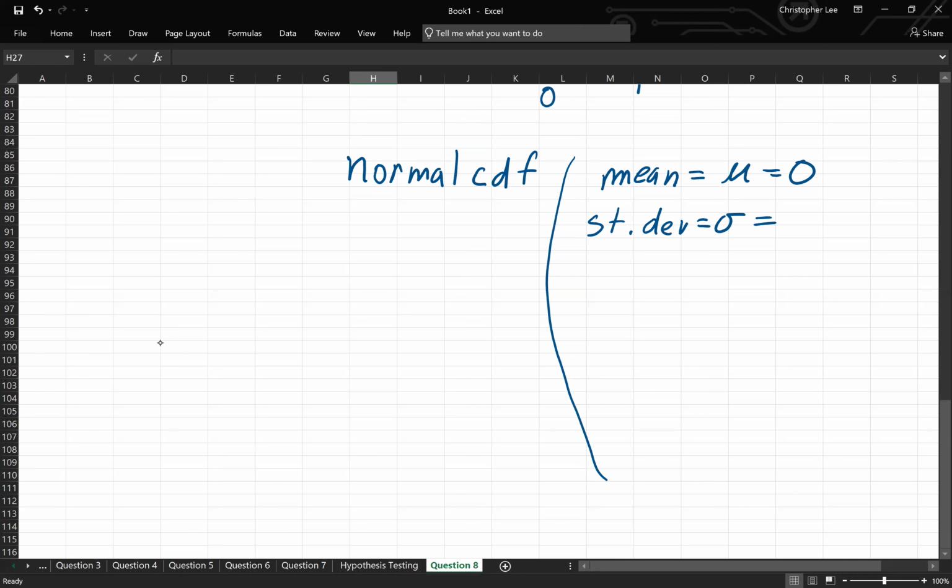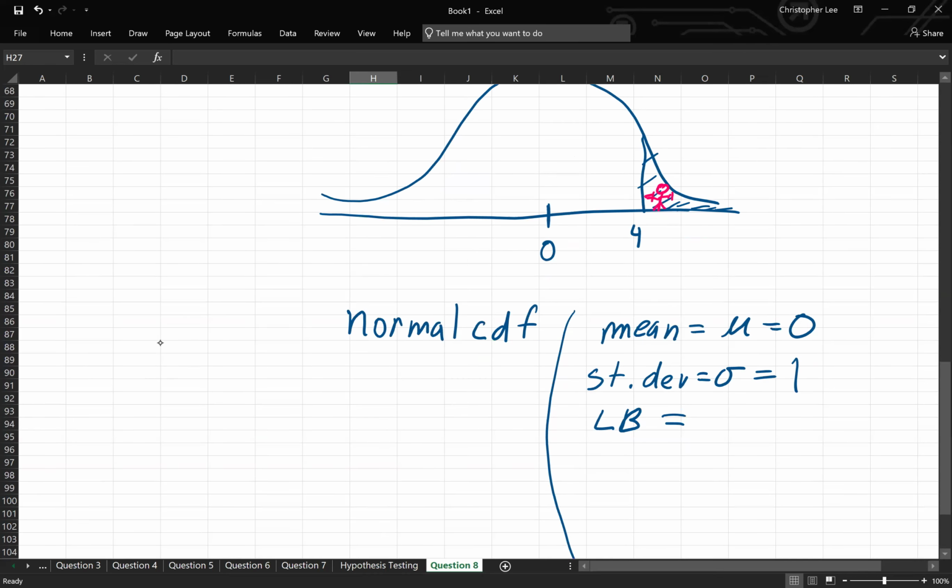If the mean is 0, what's the standard deviation? 1, exactly. Right? What is my lower bound going to be? Let me go back up to the picture real quick. What's my lower bound going to be here? Exactly. And what's my upper bound going to be? Perfect. The 1E99.